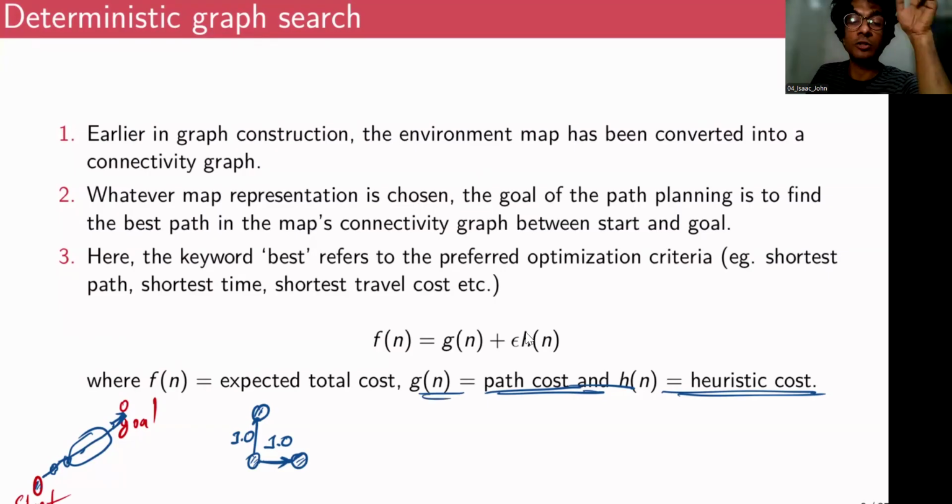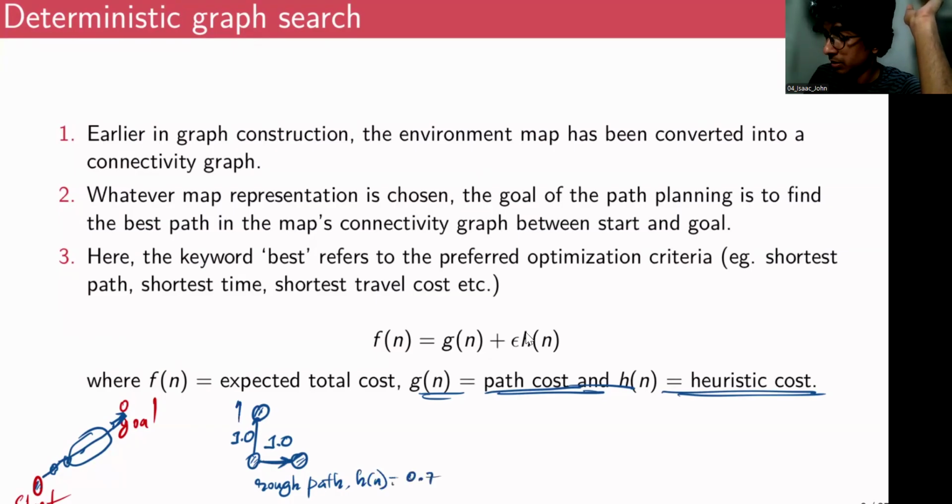But the heuristic cost could be something else, right? So if I say that this path is rough, I could assign a higher heuristic cost to this path. If this is a rough path, maybe I can assign this h of n to be probably 0.7.